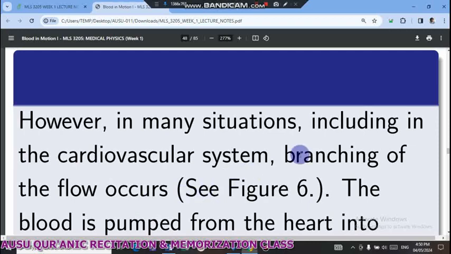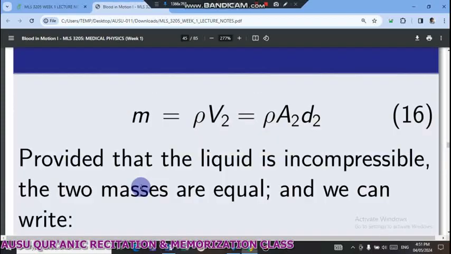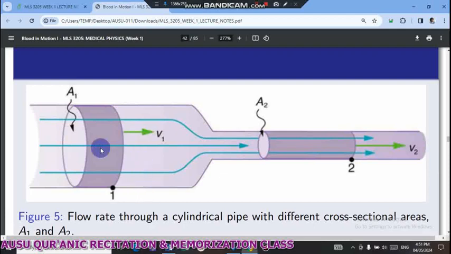However, in many situations, including the cardiovascular system, branching of the flow occurs. If you look at the diagram we used, there is no branching. You have a single path with big cross-sectional area, and then it enters into a single path with cross-sectional area smaller than this.